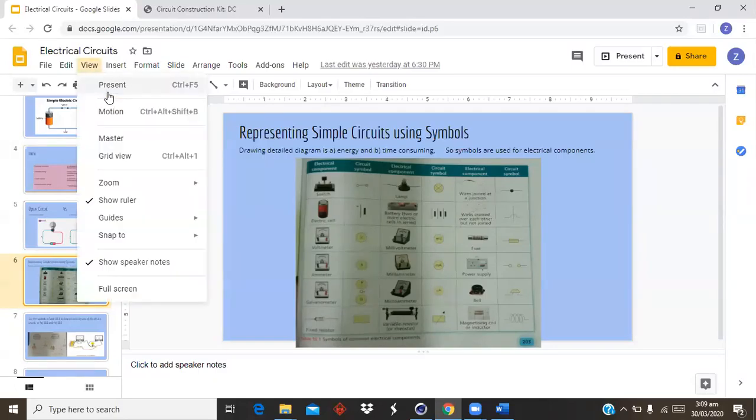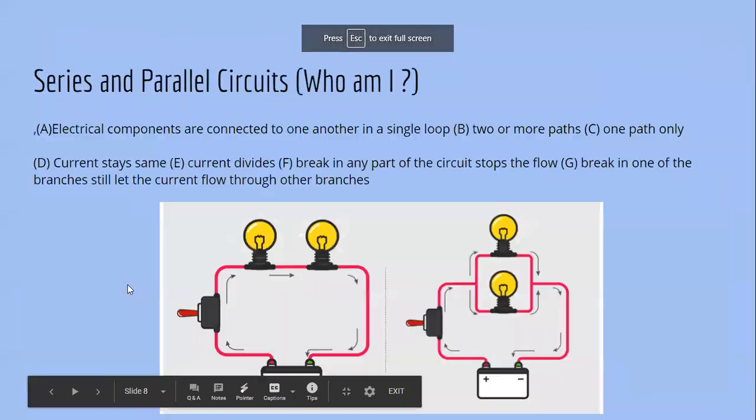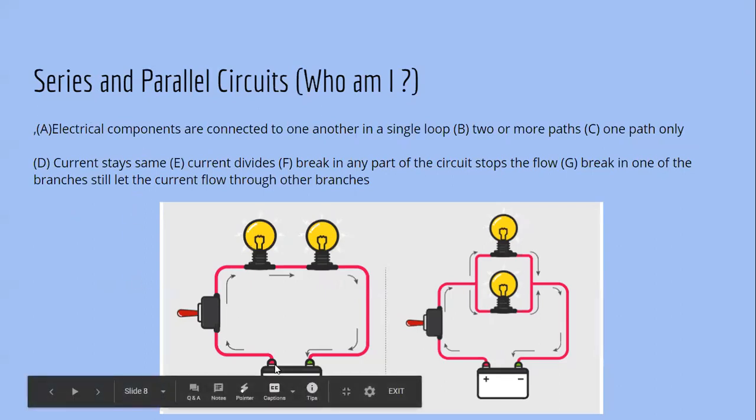Now for series and parallel circuits. A series circuit basically means that there's one path, and a parallel circuit means that there is more than one path, right? So we are going to see that, and then we're going to decide which one is a series and which one is a parallel. From the positive terminal, the current starts moving.